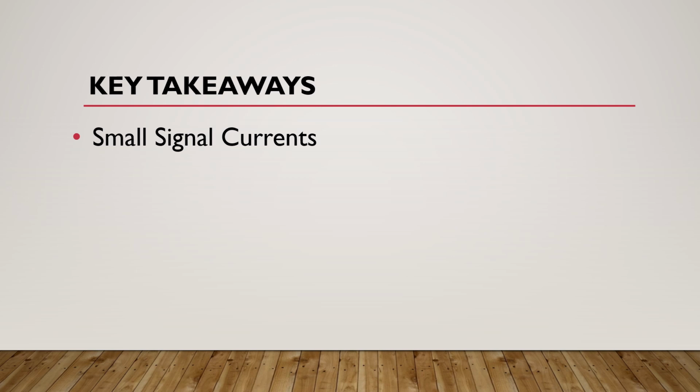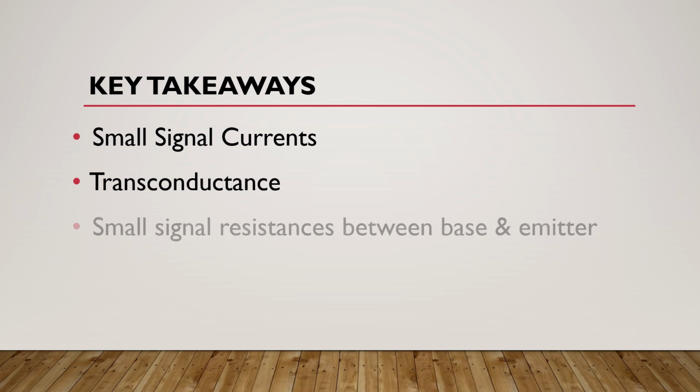You also understood what is transconductance and you also studied small signal resistance between base and emitter, looking into the base, that is R pi, and looking into the emitter, that is Re, and you also understood the relationship between these two resistances.